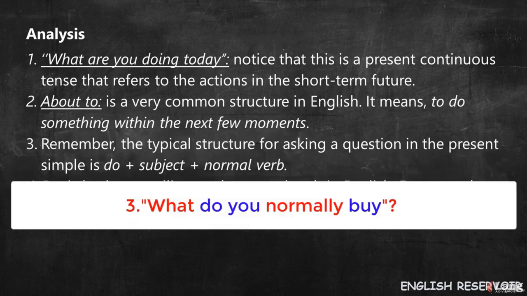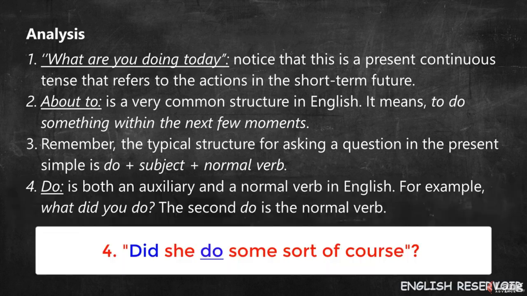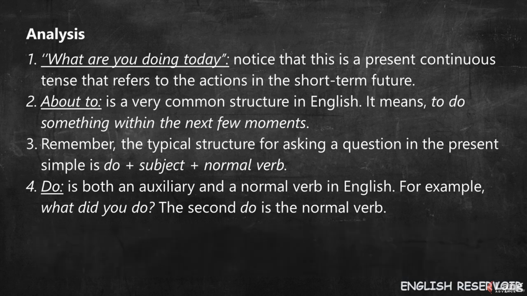Remember, the typical structure for asking a question in the present simple is do plus subject plus normal verb. 4. Do is both an auxiliary and a normal verb in English. For example, what did you do? The second do is a normal verb.